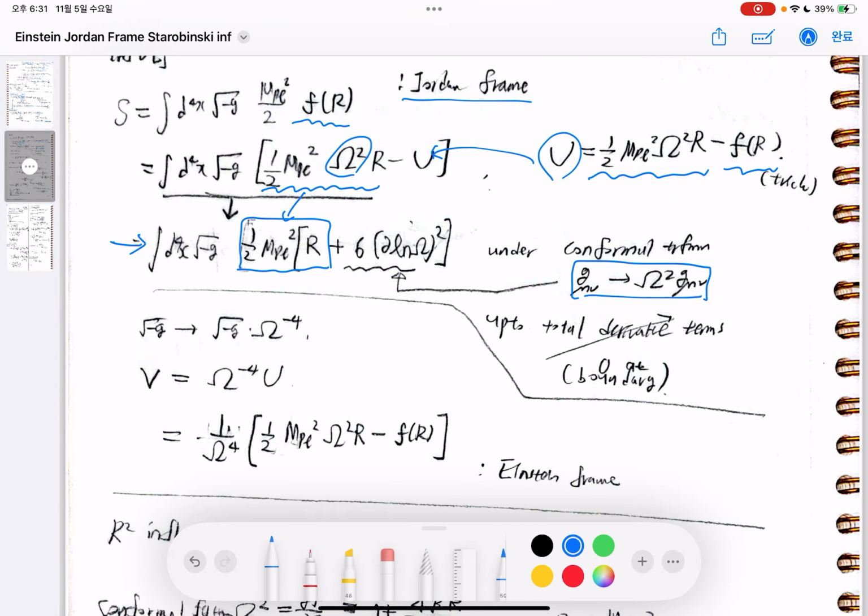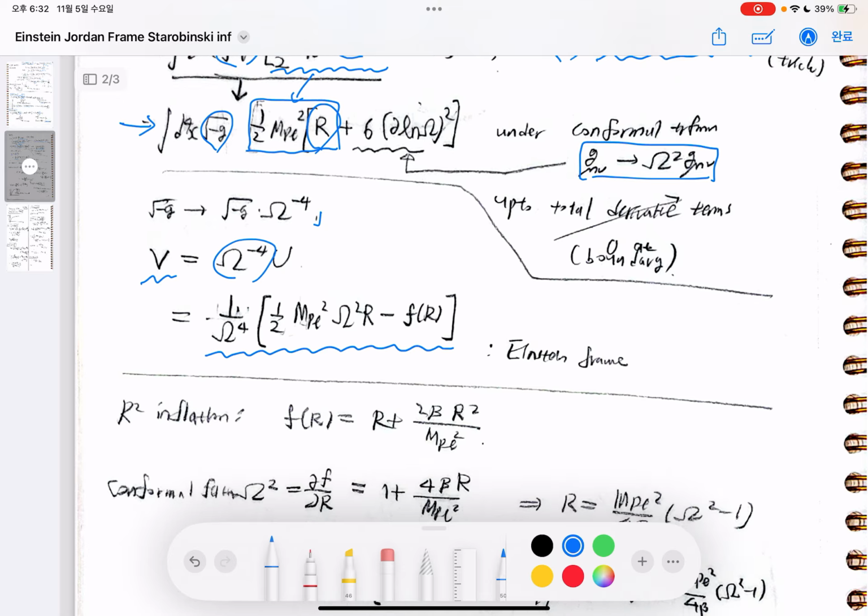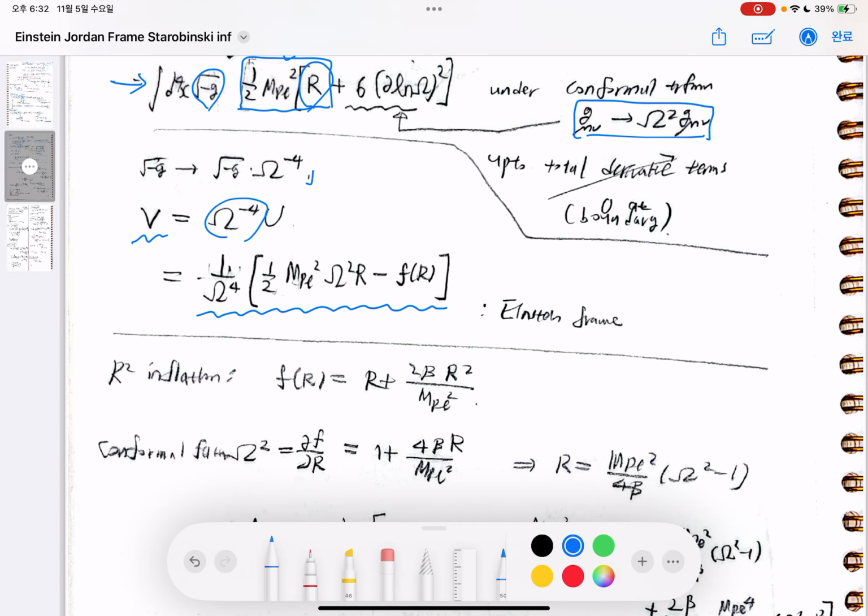And the volume element root of minus g has an Ω to the minus 4 factor. So the potential V has an Ω to the minus 4 factor times U. So in the Einstein frame, we can obtain the scalar potential. The action takes the standard form with just a simple R term, but the scalar potential becomes complicated.